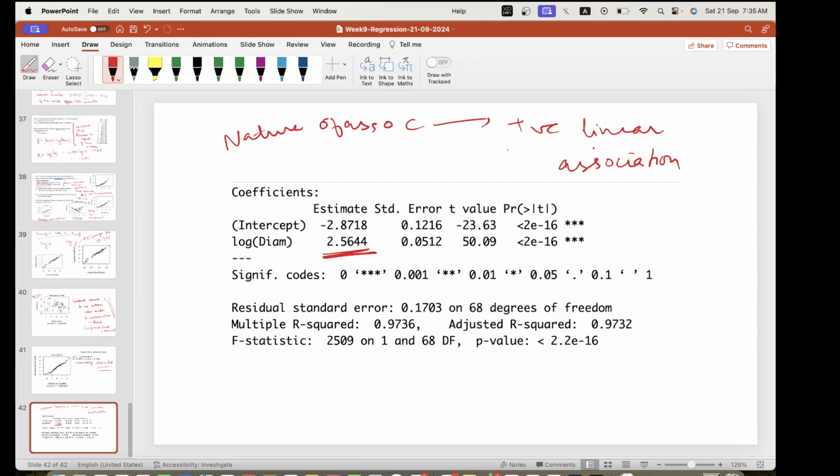So this says that as the log of the diameter increases, the log of tree volume also increases. Now since it's an increasing function, we can simply say that as diameter increases, volume also increases.